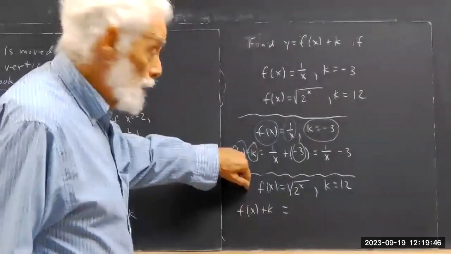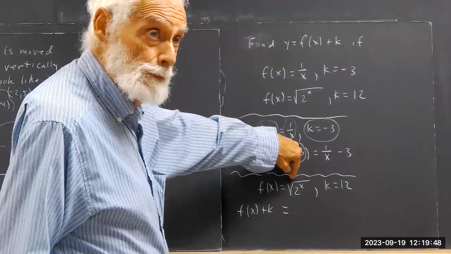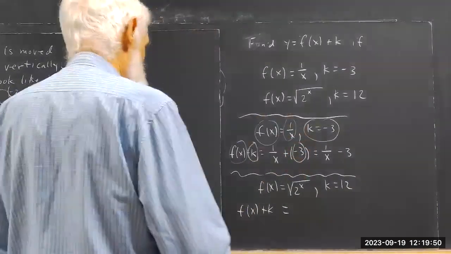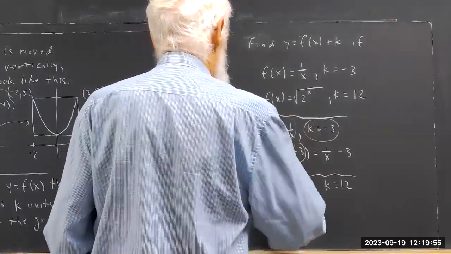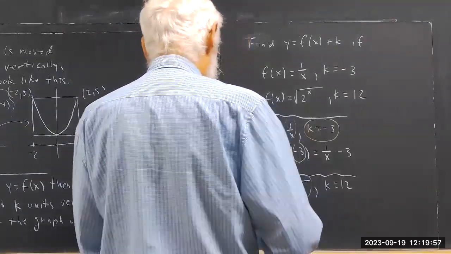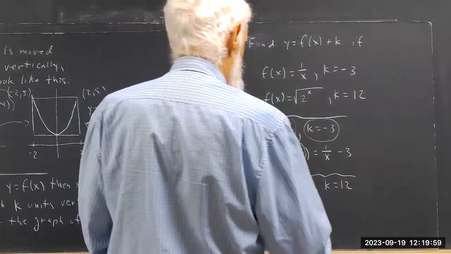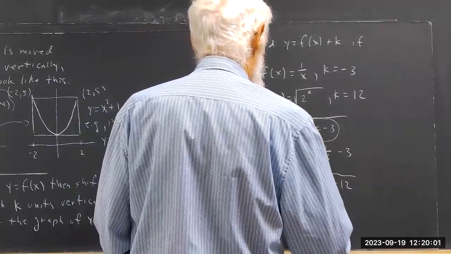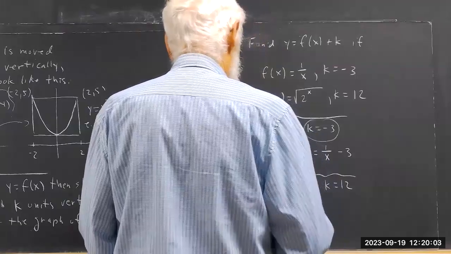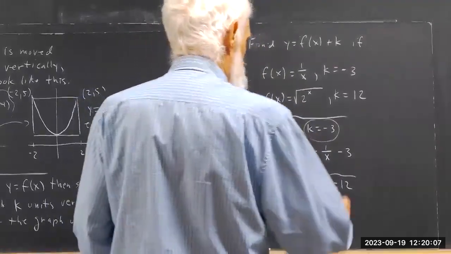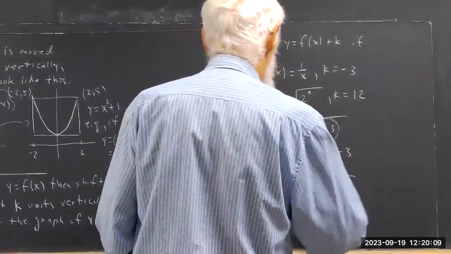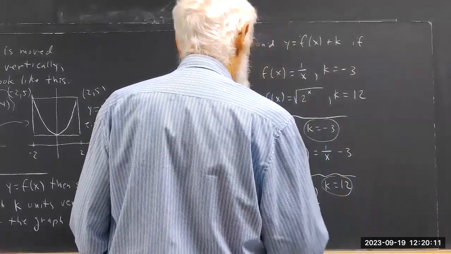Again, f of x is the square root of 2 to the x. You don't do anything to that. So, where you have f of x, you can replace it with the square root of 2 to the x. And then you've got the plus k. Well, k equals 12.